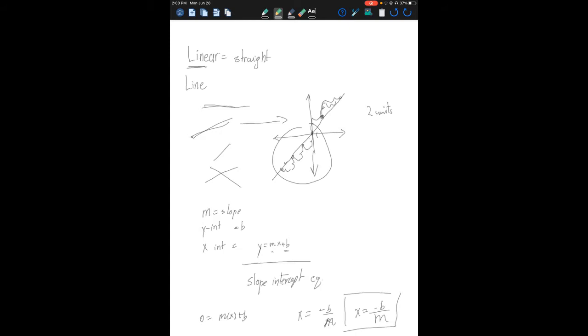X-intercept is basically, let me draw for you guys. X-intercept is anything where y is 0. So let's look at this line. This is a straight line.